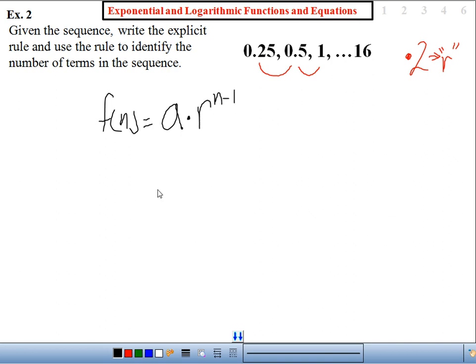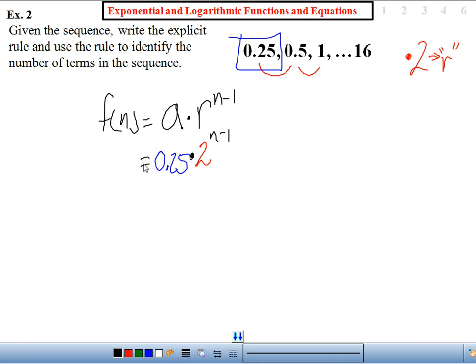All right, so now it's a little different because now we need to figure out, how many terms? We don't know. However, we do have information here that we can substitute in there. We have the first term, okay, that goes right here, 0.25 times, what else do we have? The r, which is 2, that is correct, times 2. I'm going to write n minus 1.